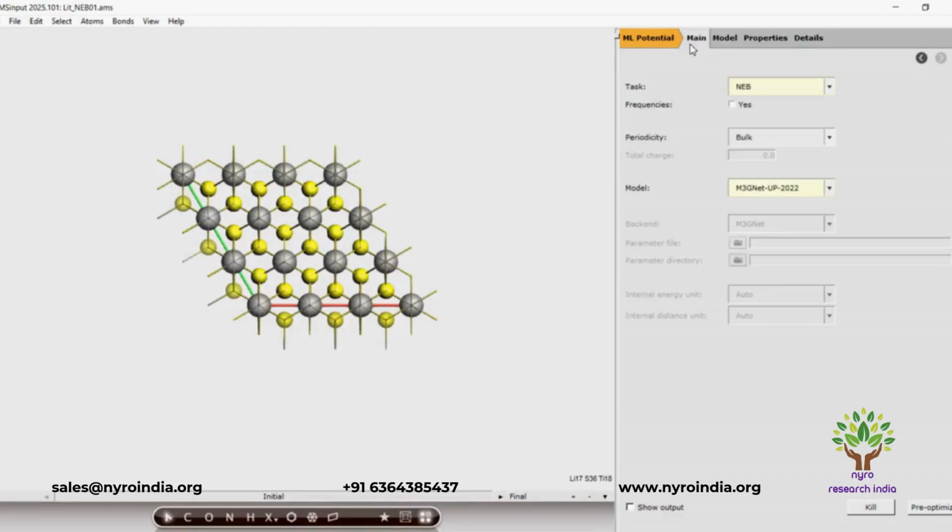Crucially, the MLP must be trained on DFT data that include not only equilibrium structures but also distorted and transition-state-like configurations, ensuring reliable forces along the entire diffusion path. I have already briefed how to locate a transition state in an organic reaction in one of the earlier examples, so you can refer to those videos available on our channel.